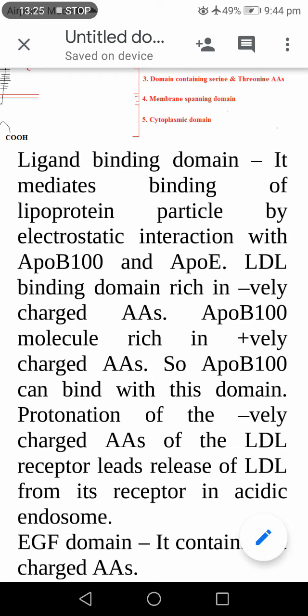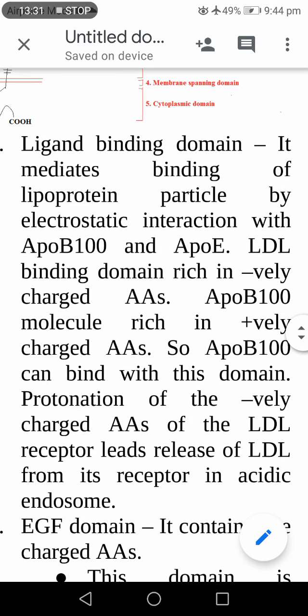We have discussed that the LDL receptor can bind ApoB100 by electrostatic interaction. But how does the LDL molecule get dissociated from the LDL receptor in the endolysosome?